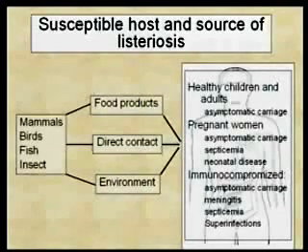In pregnant women, it is asymptomatic in themselves, but it can cause miscarriage and septicemia as a neonatal disease. In immunocompromised individuals, depending on how immunocompromised they are, it may remain asymptomatic. They can be carriers for a while until they recover from their immunocompromised condition.